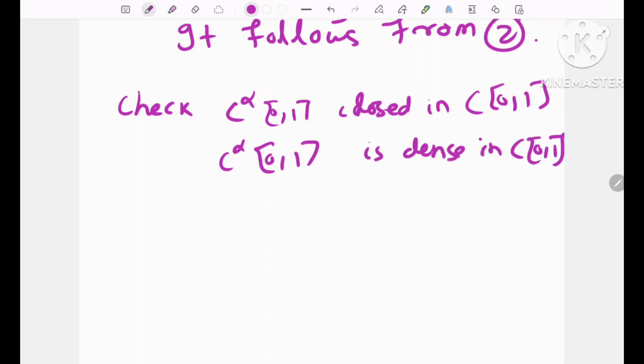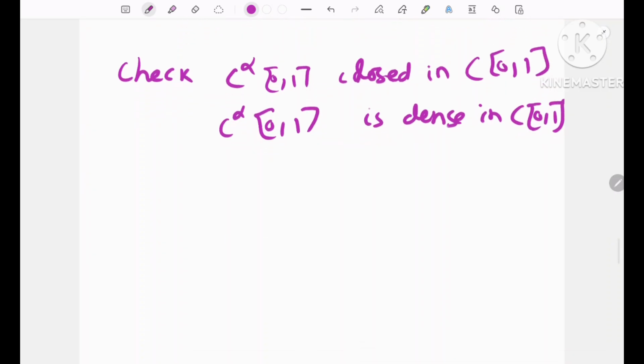We have to verify these two things. One thing to note is that these two things can be verified simultaneously.